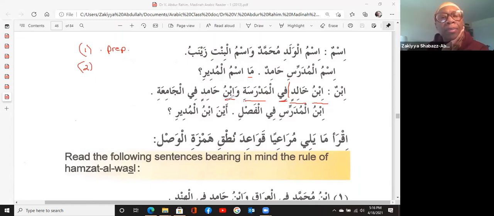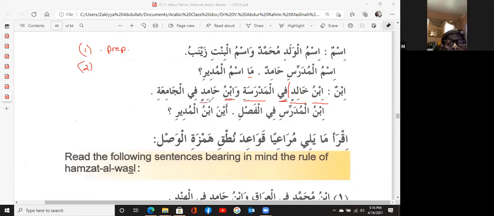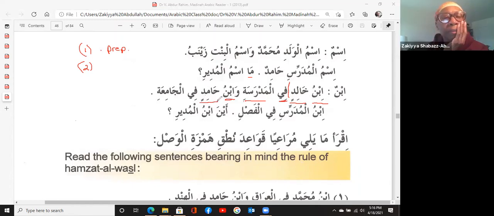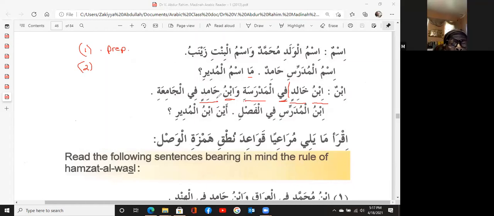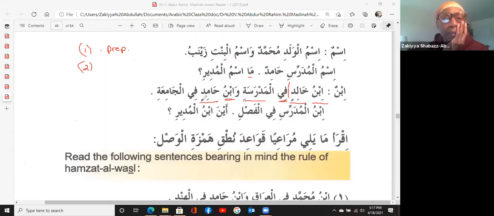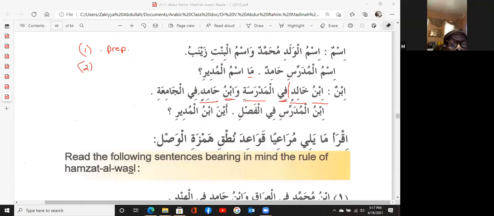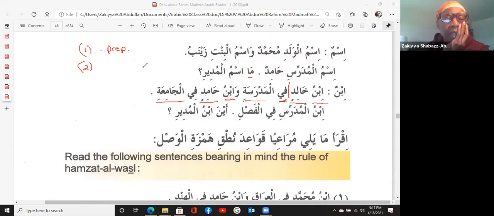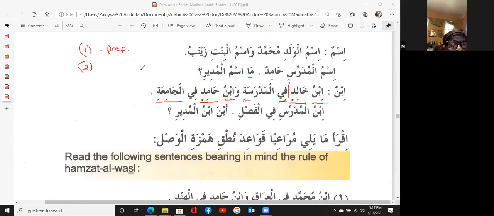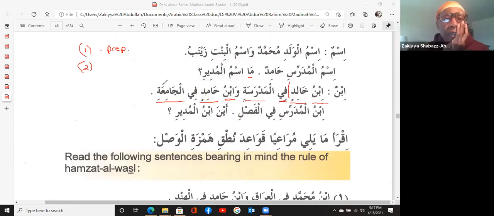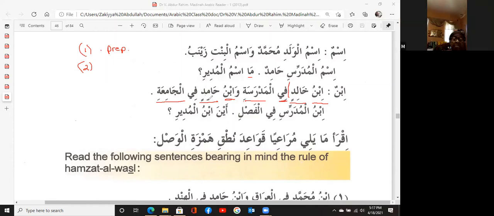The son of Hamid, son of Hamid Habit, is in El Jamiyati. Good. Anybody know what that word is? It's university. Oh, university.